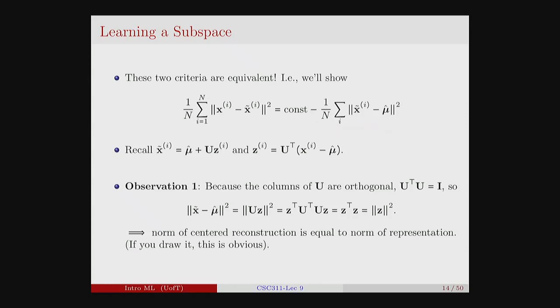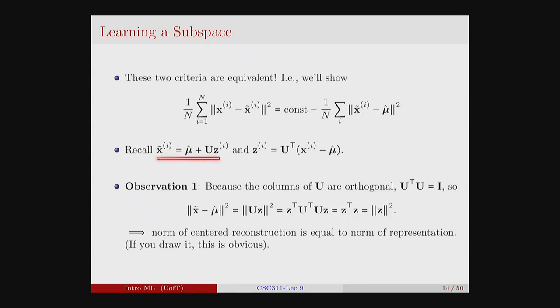To prove that, we'll show that this left-hand side is equal to some constant that's not going to change as a function of U, minus this right-hand side. So if you reduce this, then this also goes down, which means that the negative of this goes up. How do we show that?